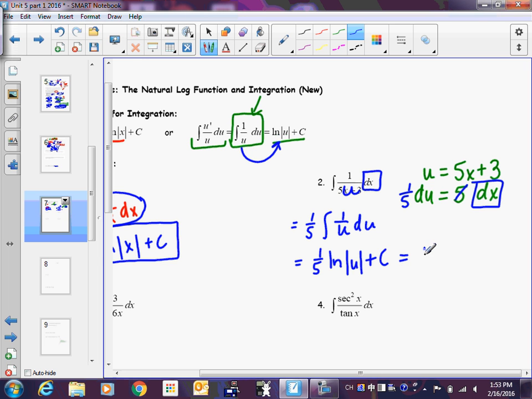And then our very last step would be to go ahead and instead of u, write in 5x plus 3. And again, 5x plus 3 could be positive, could be negative, so we really do need the absolute value bars. If that had been 5x squared plus 3, it would have been okay to drop the absolute value bars and put parentheses in place.